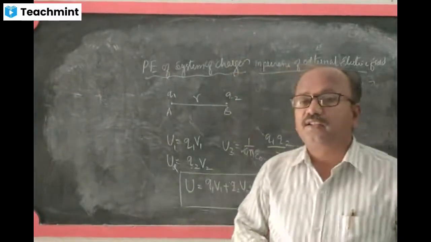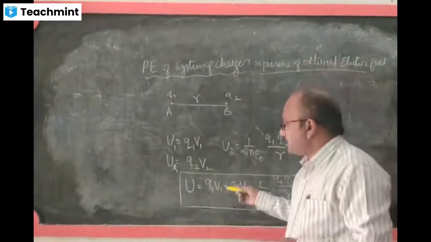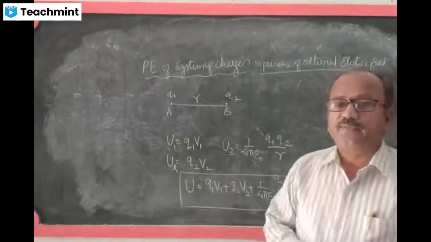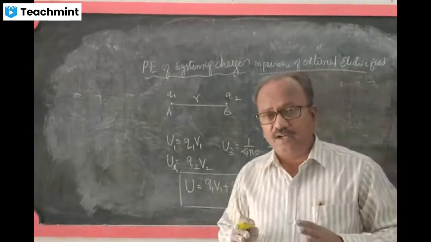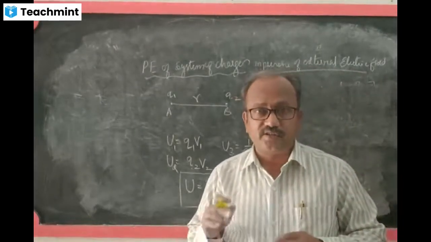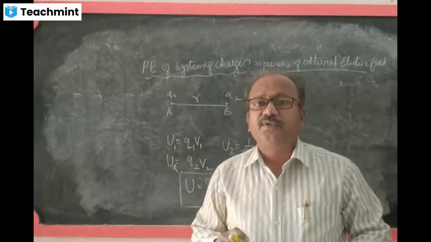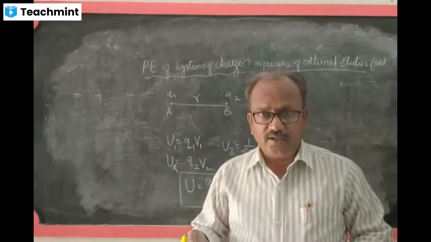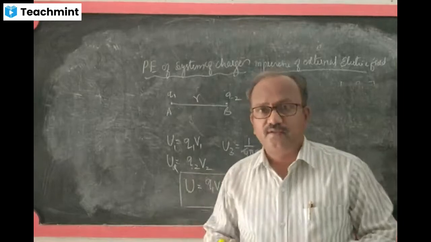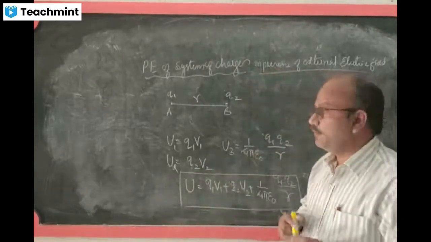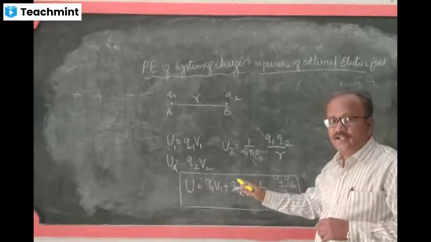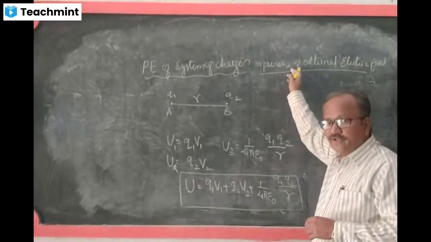So they may ask 2 to 3 marks questions on this expression. You have to remember how to write the expression for the potential energy of a system of charges if there is no external electric field, and then if there is an external electric field, how to write it. So don't get confused. This is the total equation for potential energy in the presence of an external electric field.